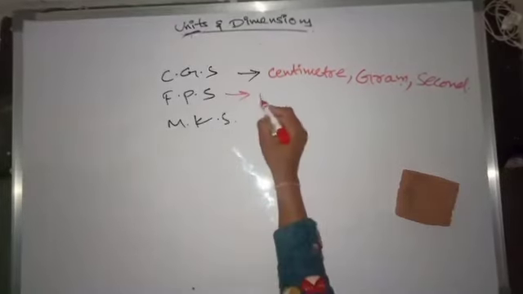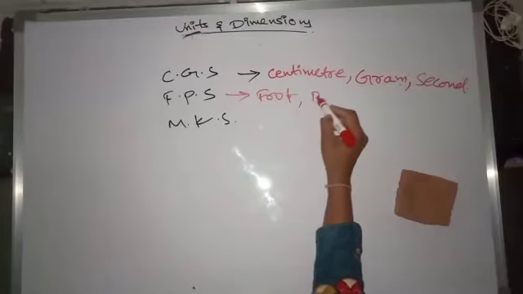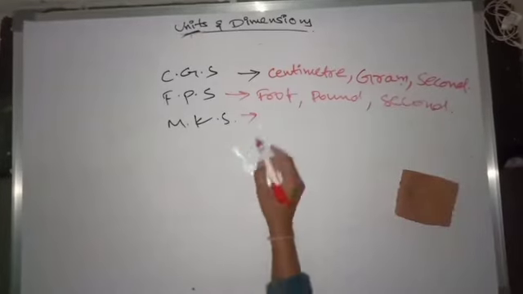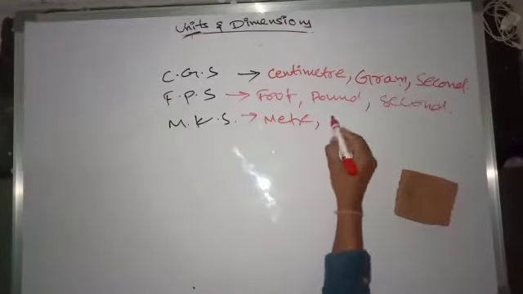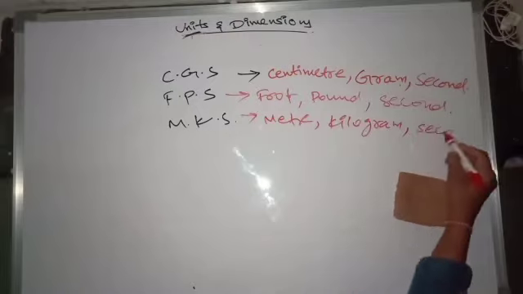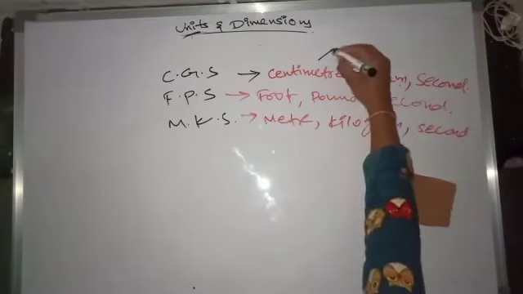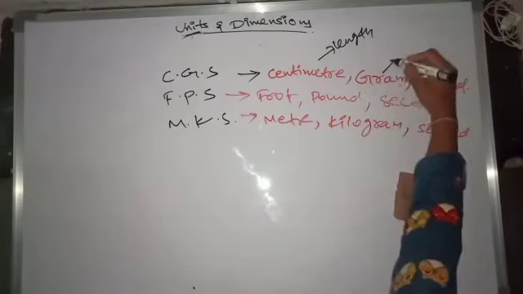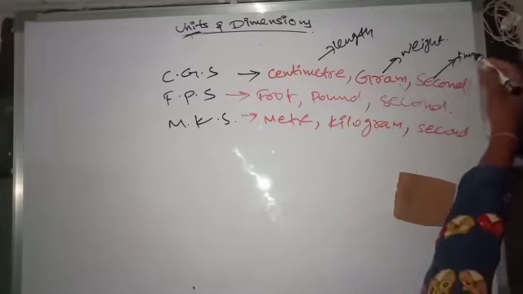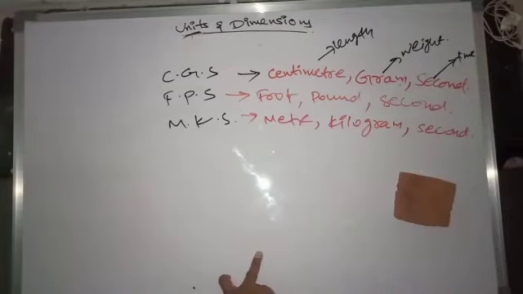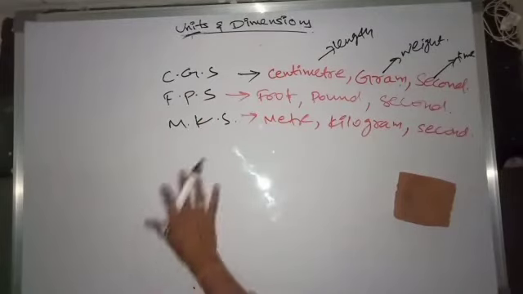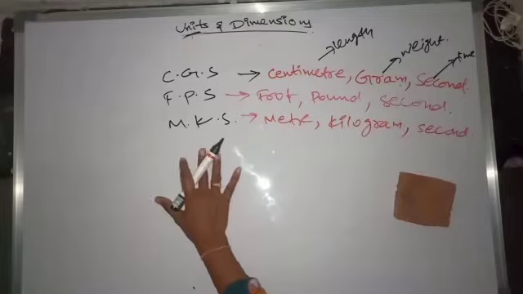Coming to FPS: foot, pound and second. And coming to MKS: meter, kilogram and second. So length, weight and time are measured in terms of CGS, FPS and MKS systems. These are the different systems of units used in olden days.